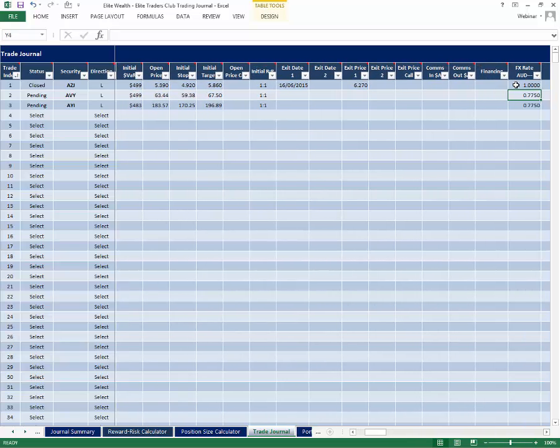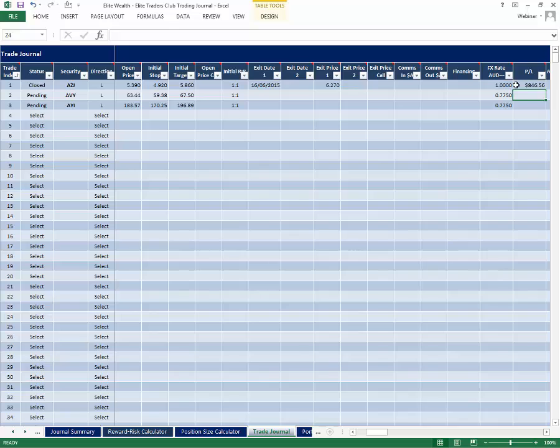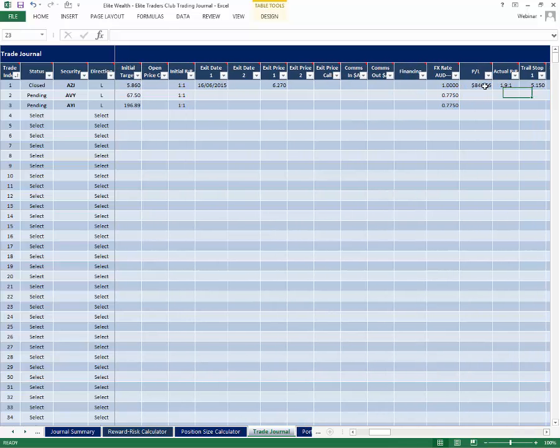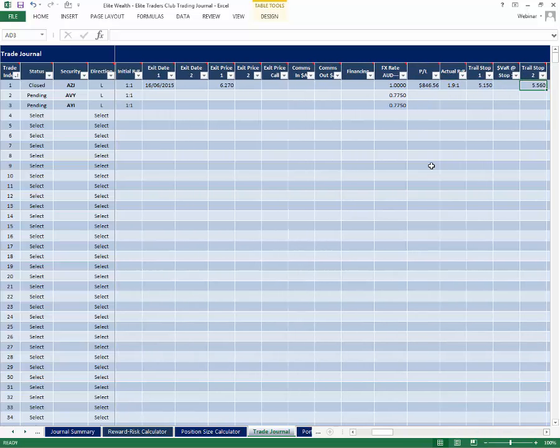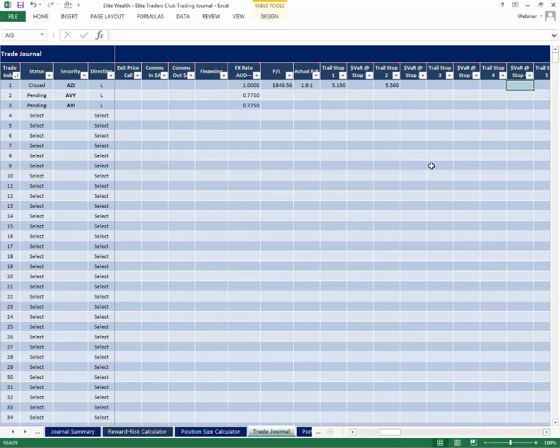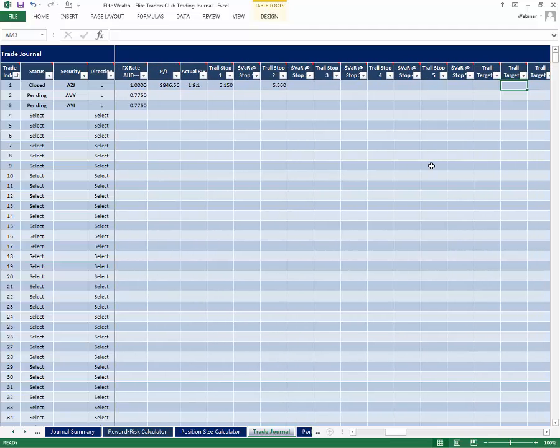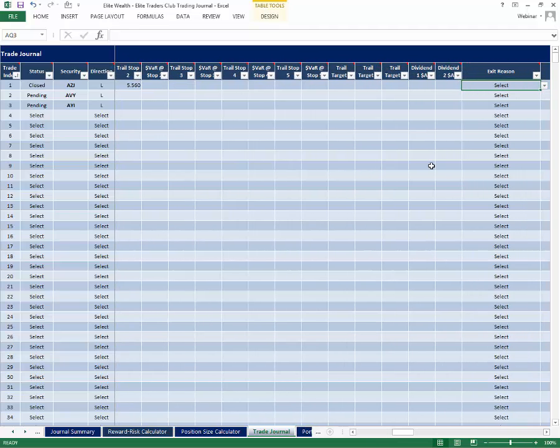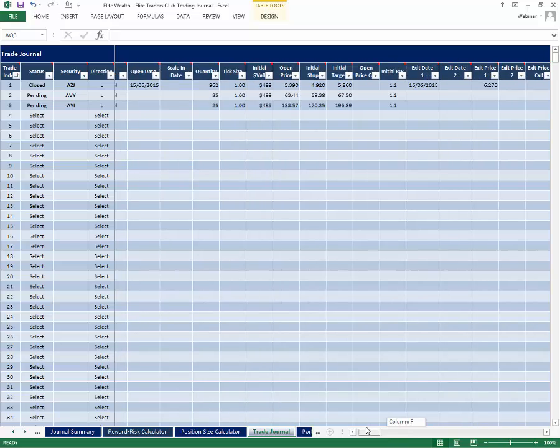If we scroll across here, you'll see the profit figure has been worked out, $846, and our reward to risk is 1.9 to 1. And now the final thing to do is go across to the very last column: the exit reason was it hit our trailed stop. That was the reason for our exit. And that's the end of that trade for that particular security.